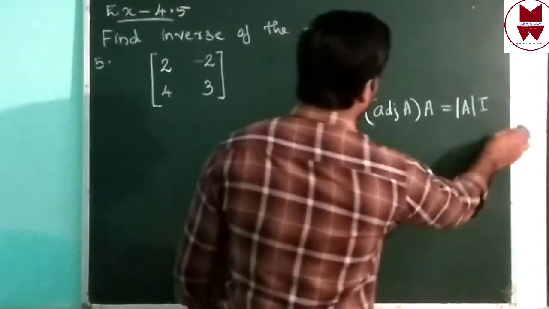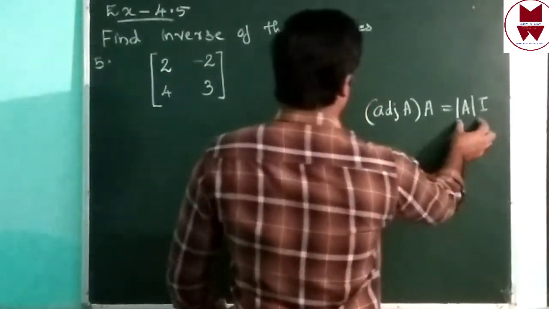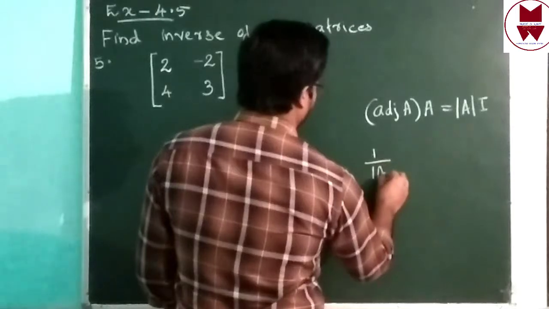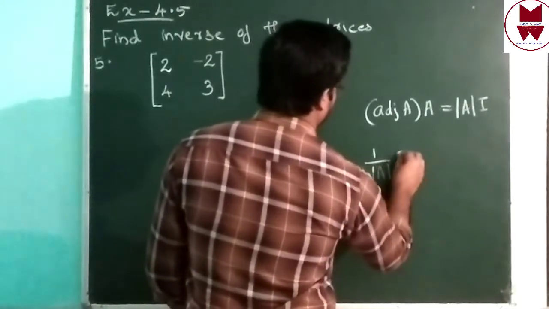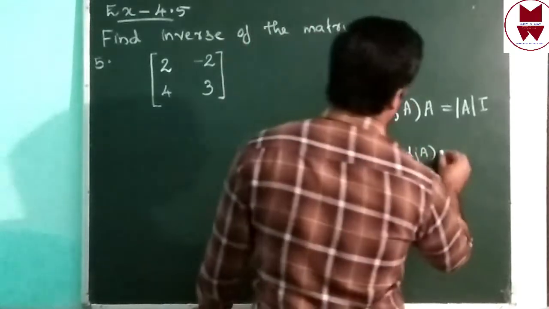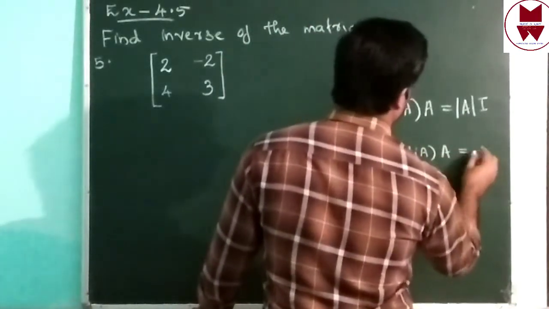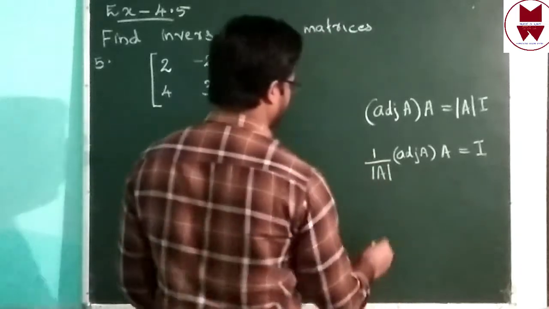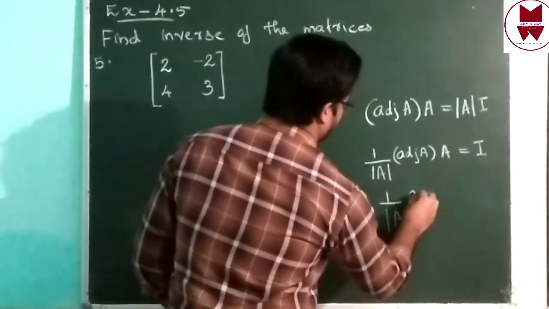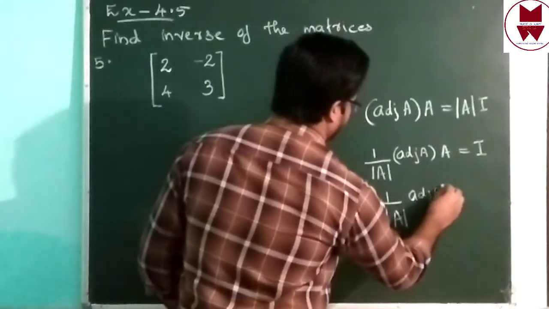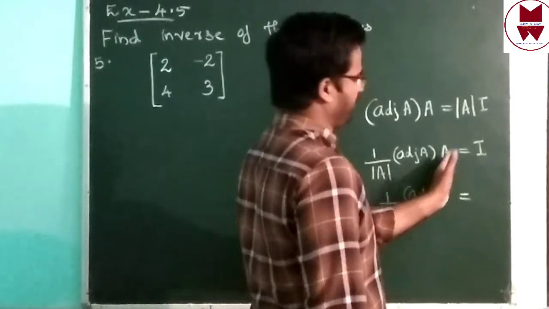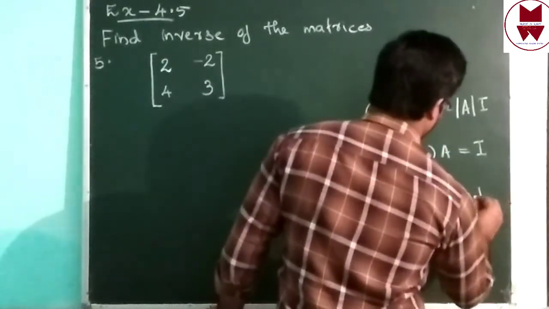Then bring this determinant of A to the left side, that will be 1 by determinant of A. Then adjoint of A into A equals I. Then 1 by determinant of A, adjoint of A equals, bring this A to the right side, that will be 1 by A.